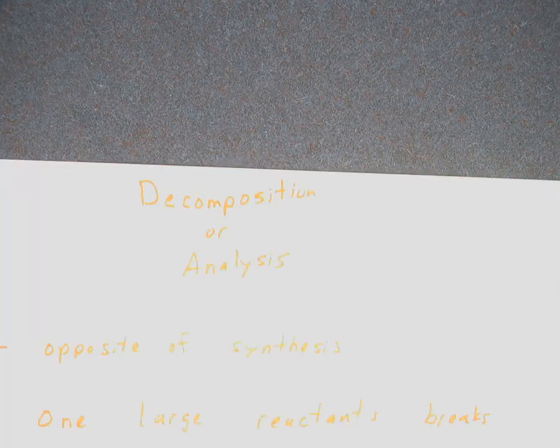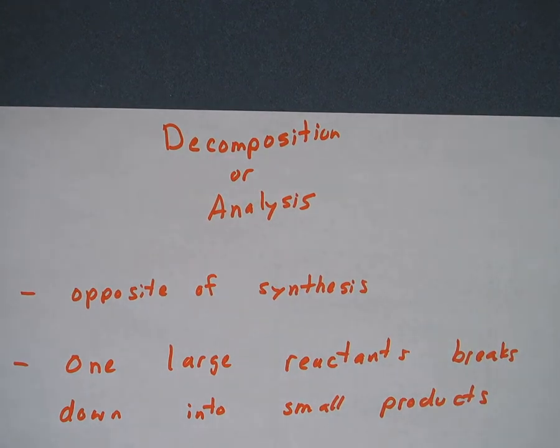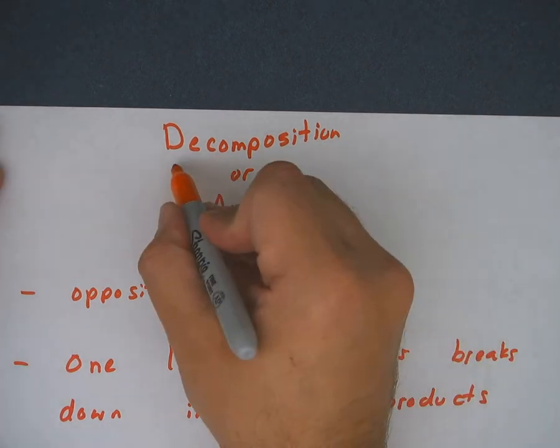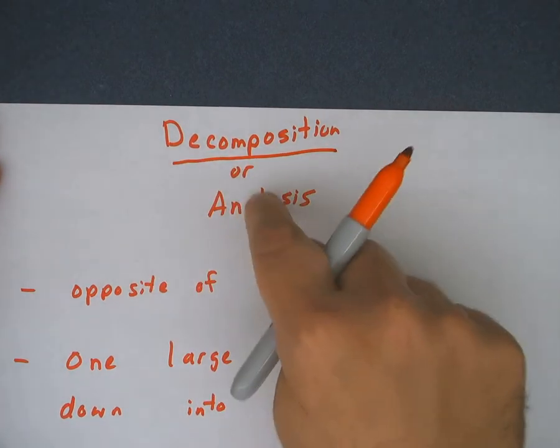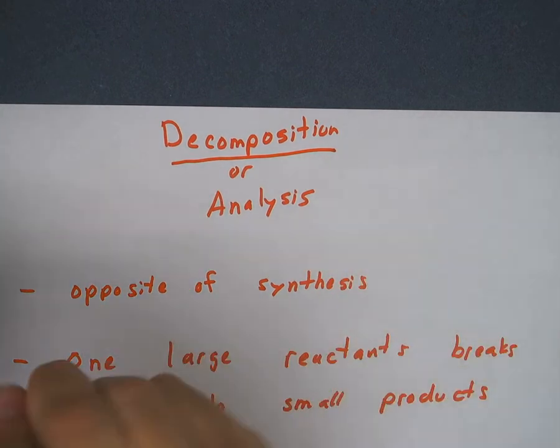The second kind of reactions that occur are decomposition reactions. Maybe you think of the word decomposing, right? Sometimes we call them analysis, but I like decomposition. These are the opposite of synthesis reactions.